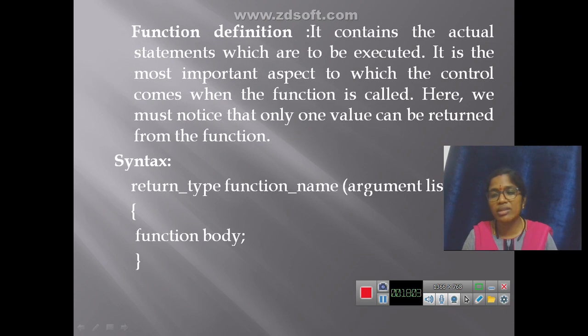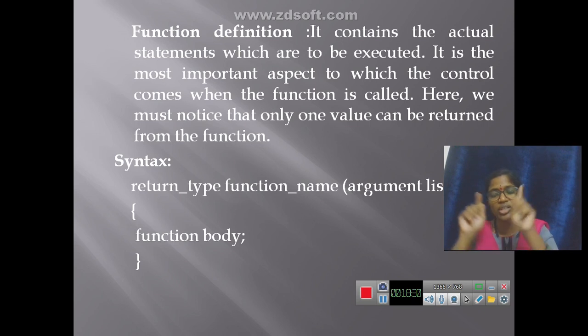So the next thing is function definition, which is very mandatory, and we have seen it already. In the main function, we write the set of instructions inside the curly braces. Main is the function name. Before main, we have used void. Void is the return type, and main is the function name.